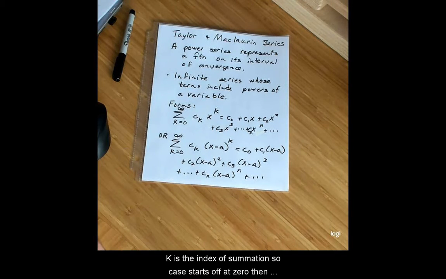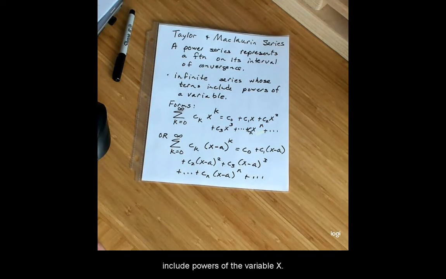So k starts off at 0, then it's 1, then it's 2, then it's 3, then it's 4. So expanding, in the first form we have c sub 0 plus c1 x plus c2 x squared plus c3 x cubed, and in general plus c sub n x to the nth power. It is an infinite series, and the terms do include powers of the variable x.